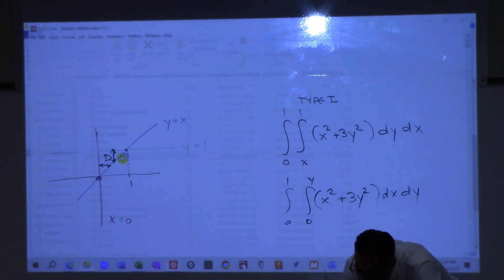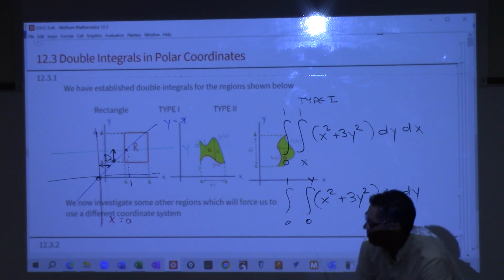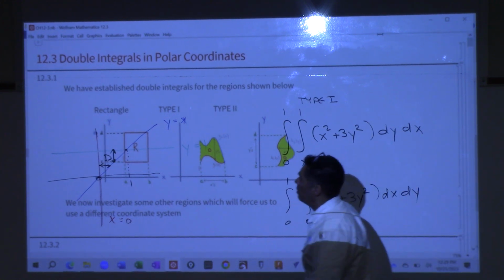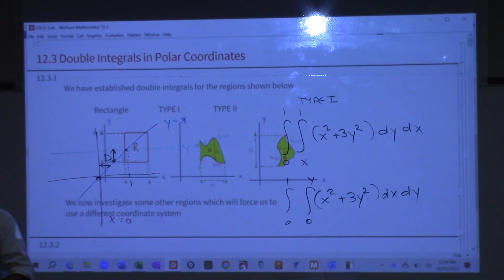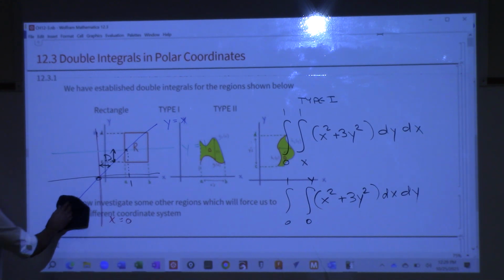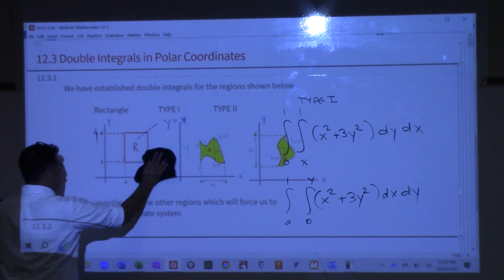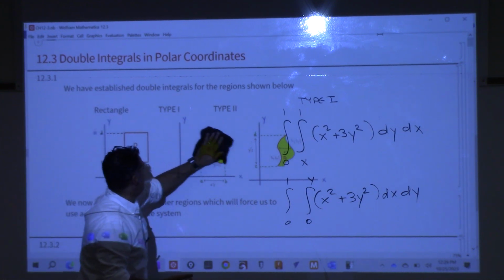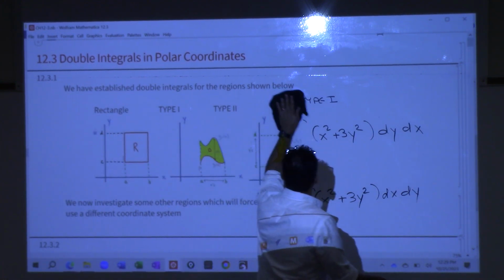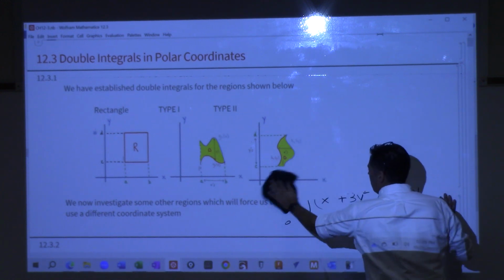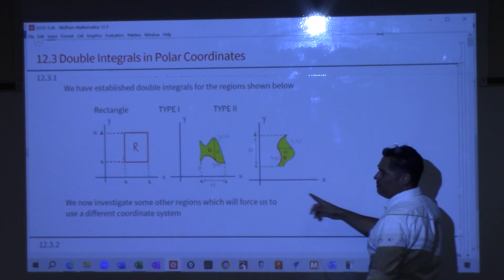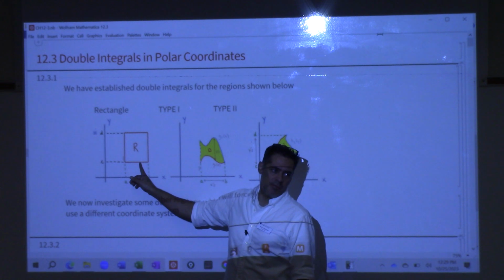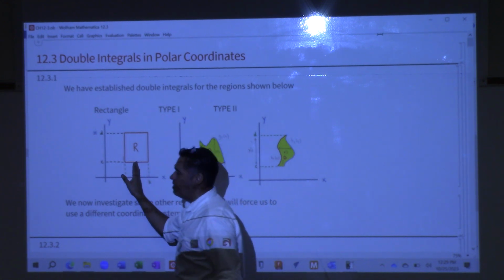12.3. All right, so we're going to get into double integrals in polar coordinates. So look, what we've done so far is very useful for a lot of different regions on the ground you could think of, right? Like if we've got a rectangle on the ground that we want to integrate over, we're in business. We love this. This is the best case scenario, right?